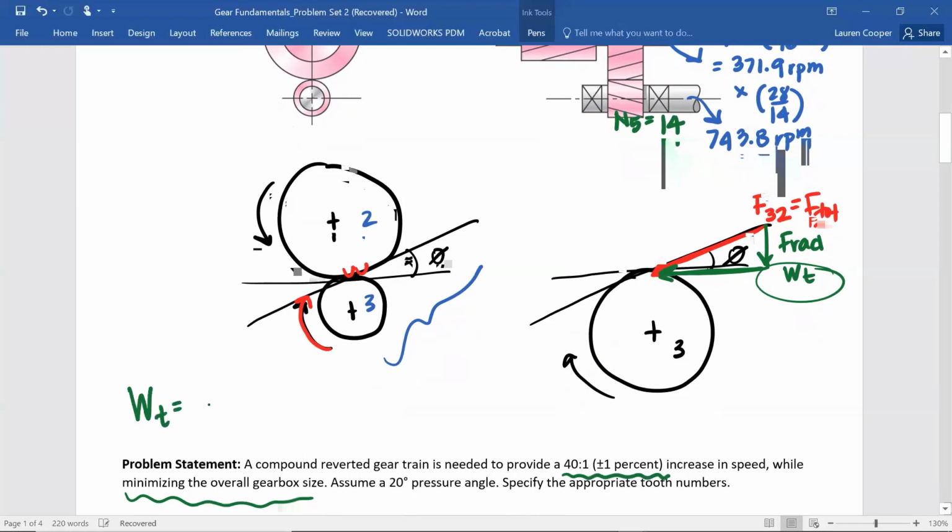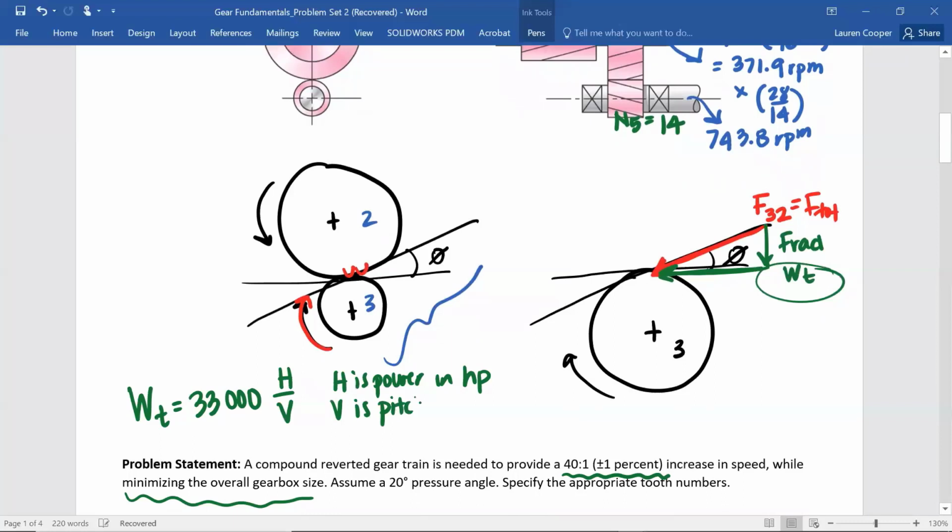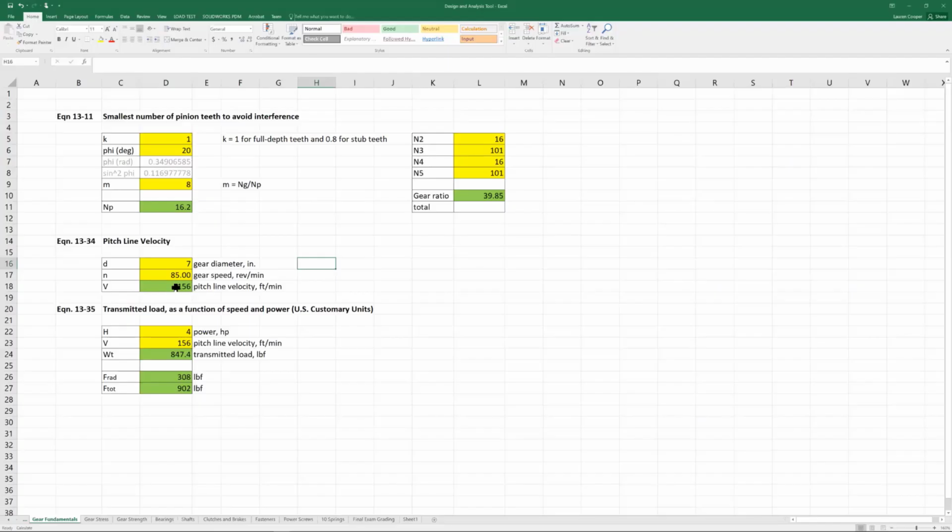So let's look at the formula for WT. So transmitted load is 33,000 times H over V, where H is power in horsepower, and V is pitch line velocity, which you already know is in feet per minute. So let's see what this would look like in my analysis tool. So we previously calculated the pitch line velocity to be 156 feet per minute.